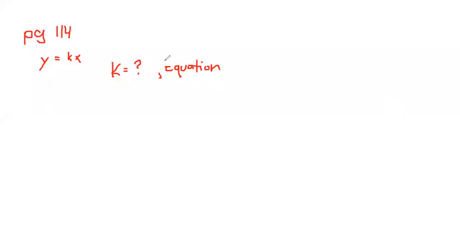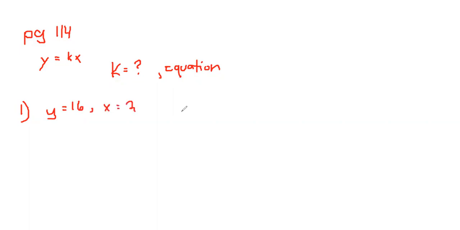So in the page 114, there are 3 questions here. Then, we must find the value of K and the equation. Okay, sa number 1, nakalagay dito na Y is equals to 16 and X is equals to 2. Diba? Okay.